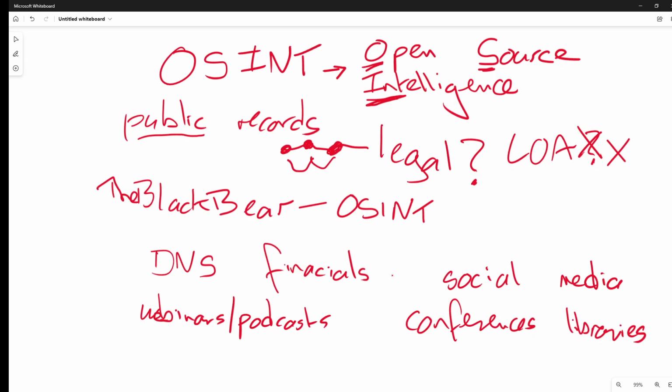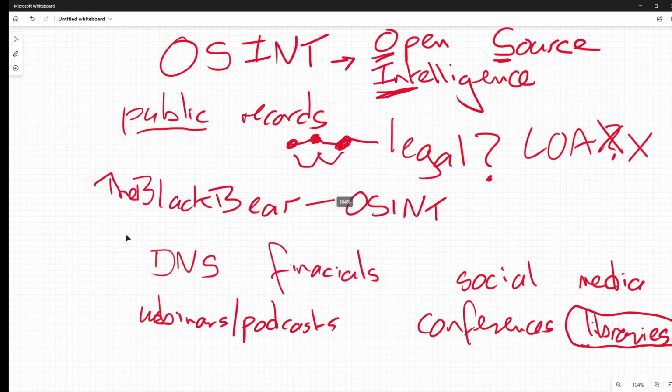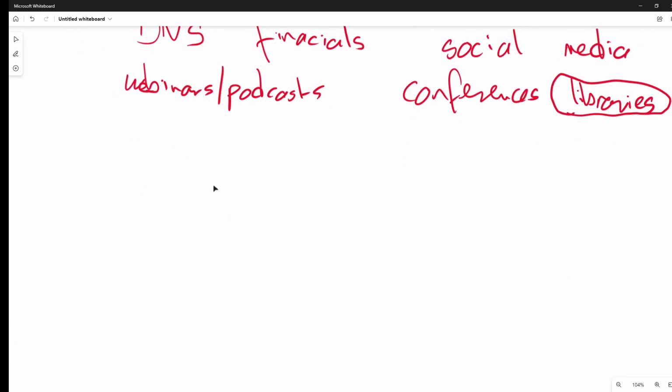So OSINT is very, very important. And we can use the paper records that we have in the libraries. In the libraries, you've got your financial statements. You've got your accounts, your public accounts that have been done. Because ultimately, with any OSINT, what you're trying to get is usernames.